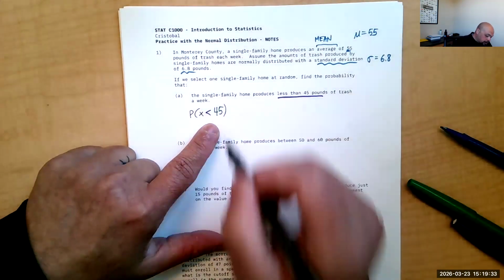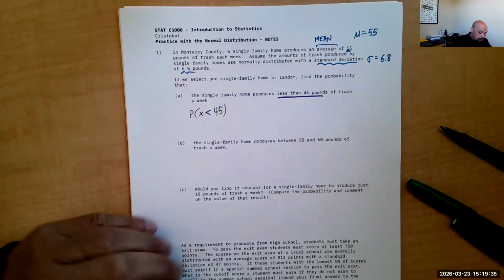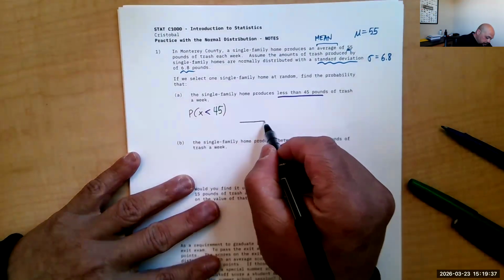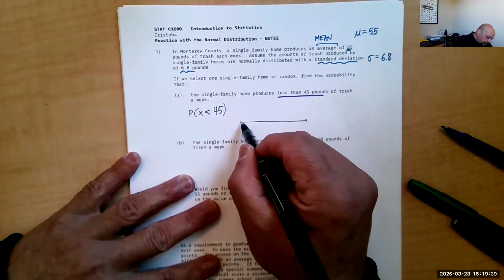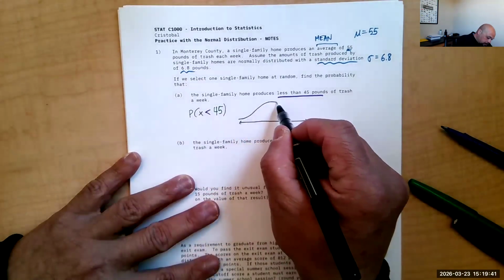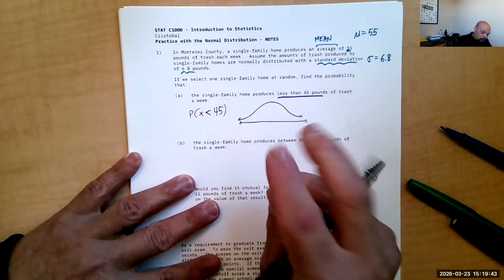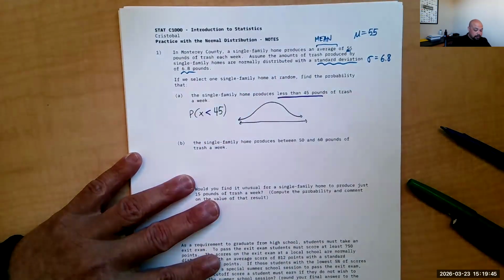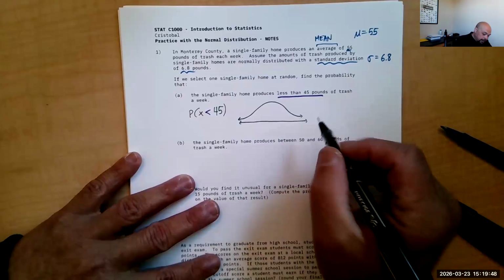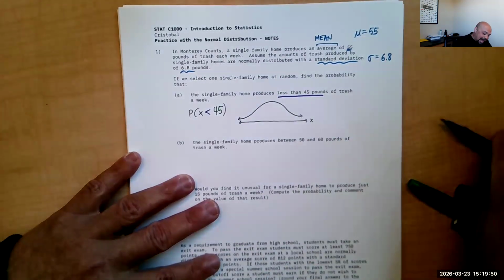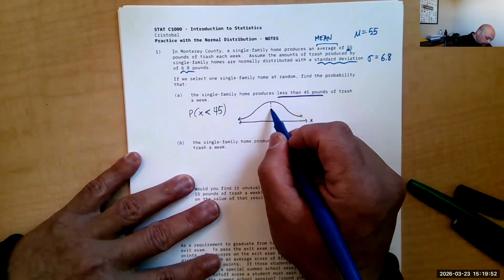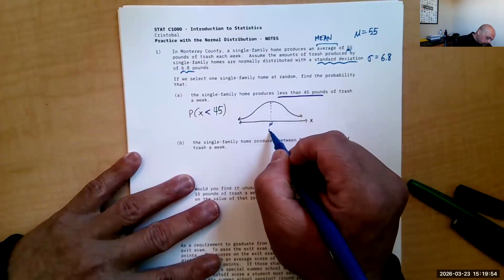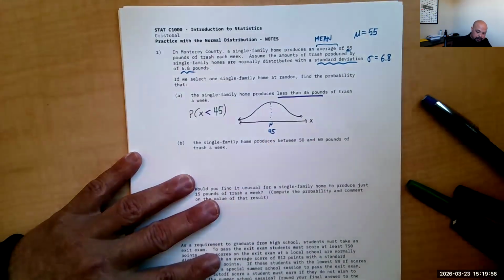As we start to think about this problem, I encourage you to draw a picture. We have our normal distribution here, assuming that all these amounts of trash are normally distributed. Here are our values for X. The mean, the average, the mu, was 45 pounds.